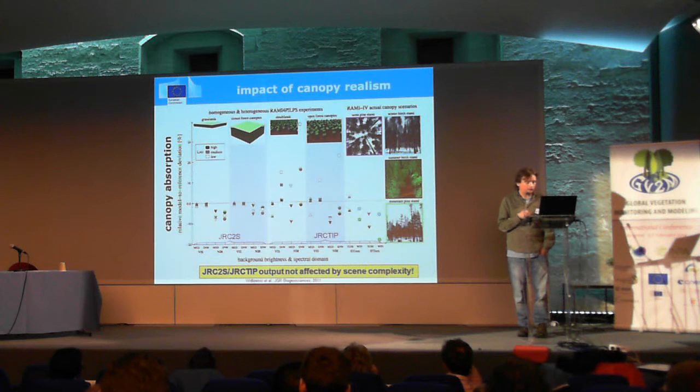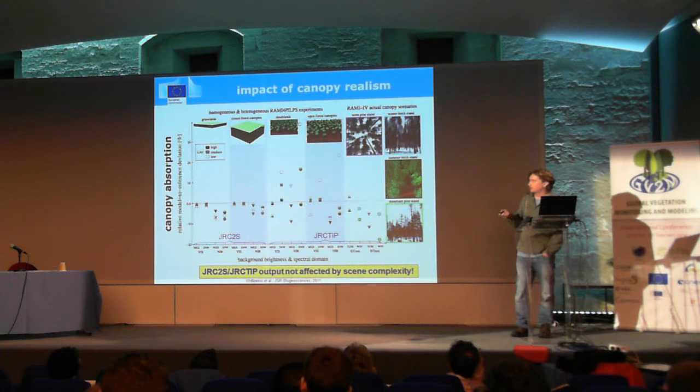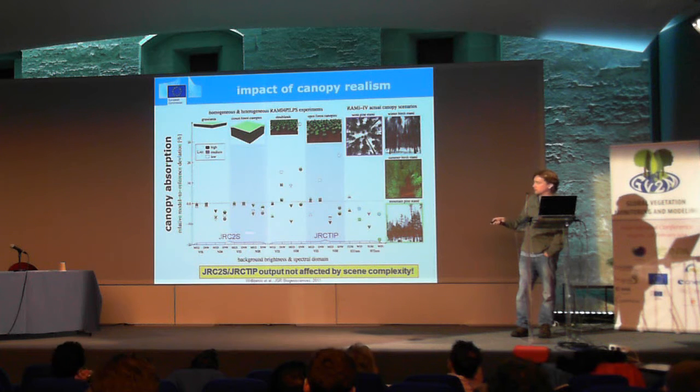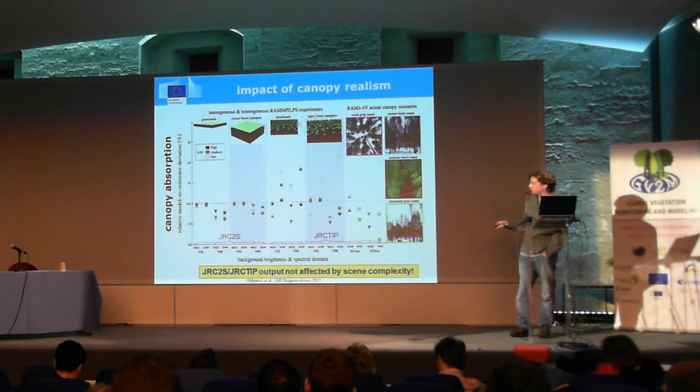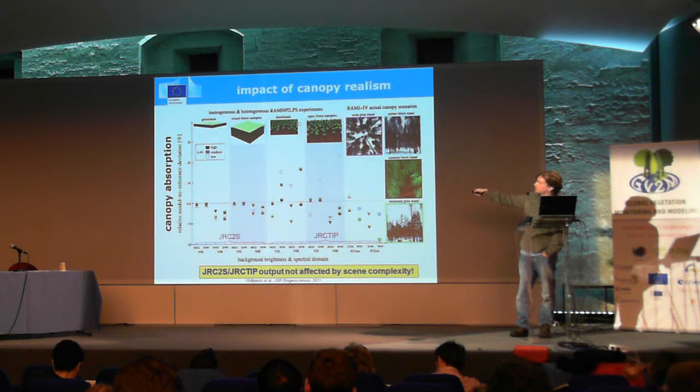Okay, so this slide takes these results a little bit beyond what's published in the paper, taking two models: this is the JRC two-stream model, and this is the JRC two-stream inversion package, which is essentially the first version of this model, and calculating the radiative forcings in these boxes.